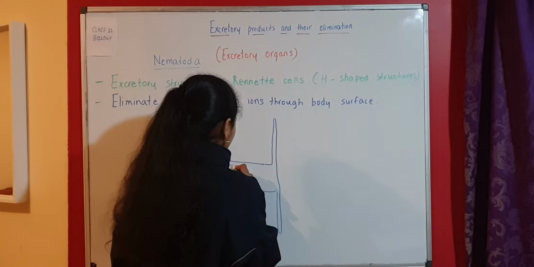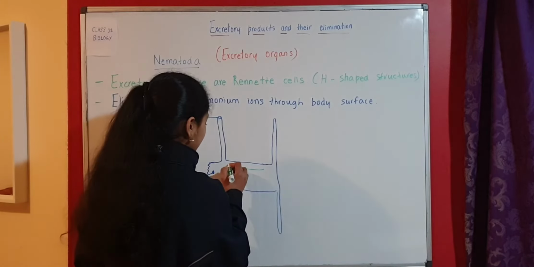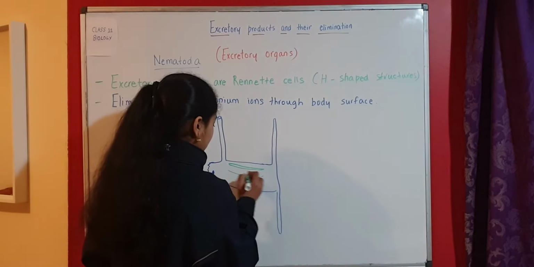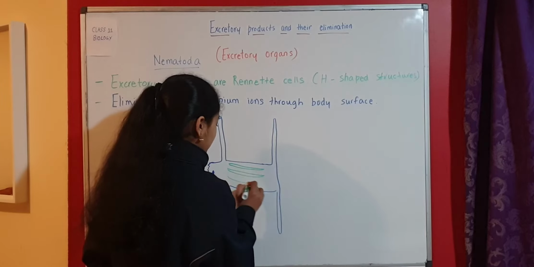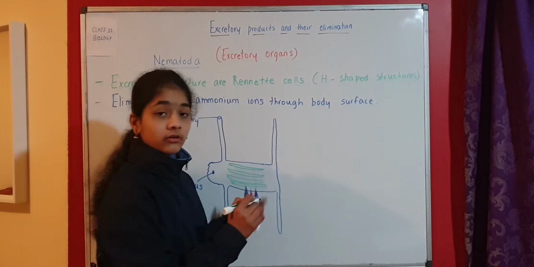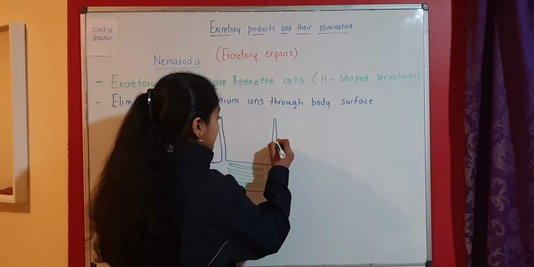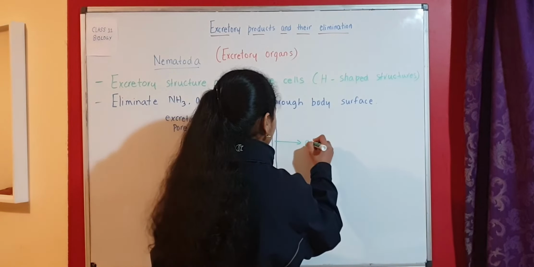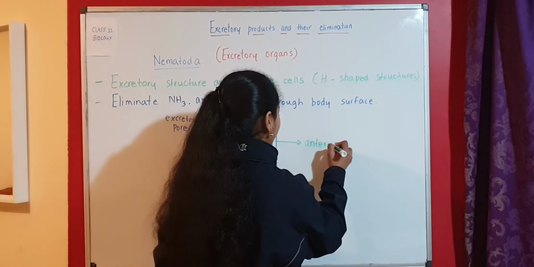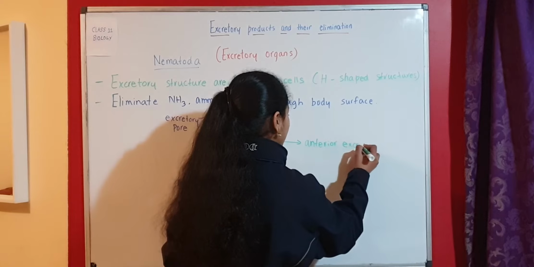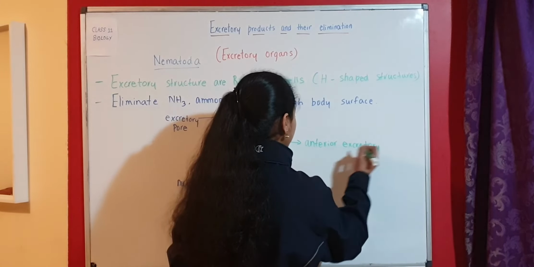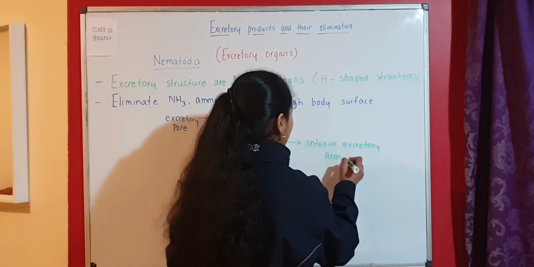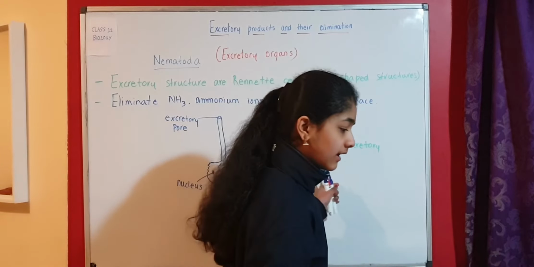So here in the middle there is some network kind of thing. Now we are going to label all this. This is called the anterior excretory arm. So these are called arms.